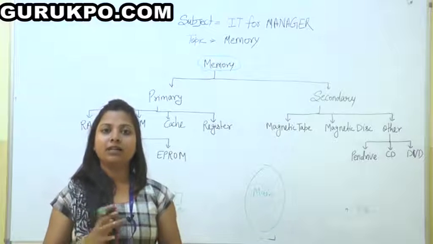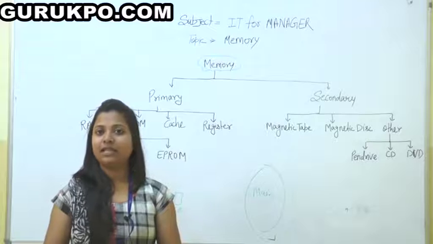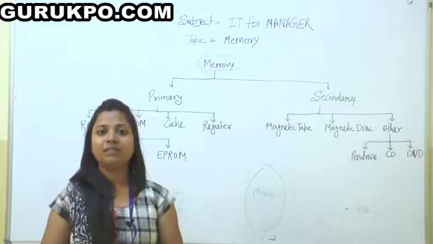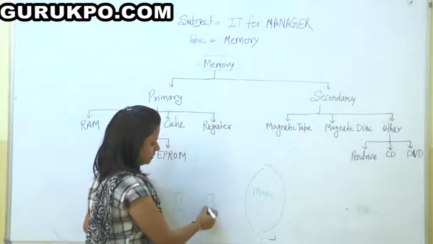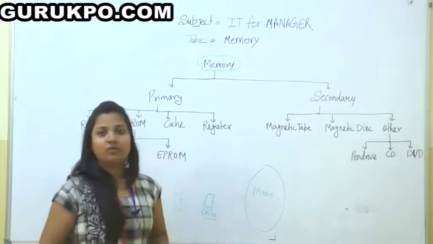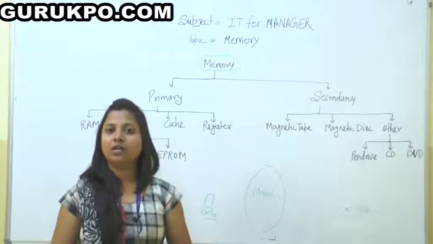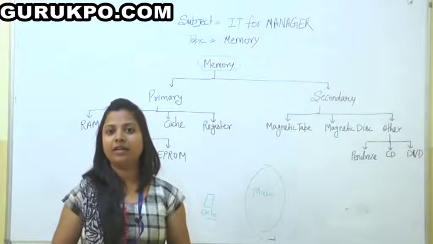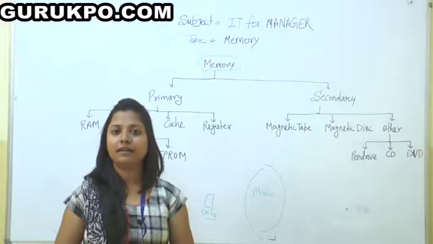So to reduce the difference between these two, because we need accessibility to be very fast, we provide a chip between these two, that is cache. What will this chip do? It will save only those programs that we use frequently, the most recent programs or those programs that are currently used.